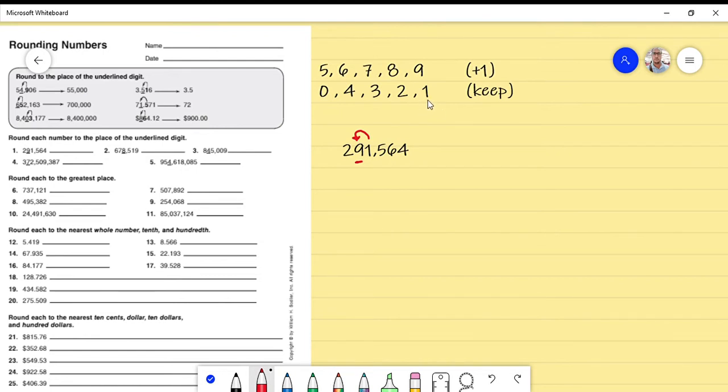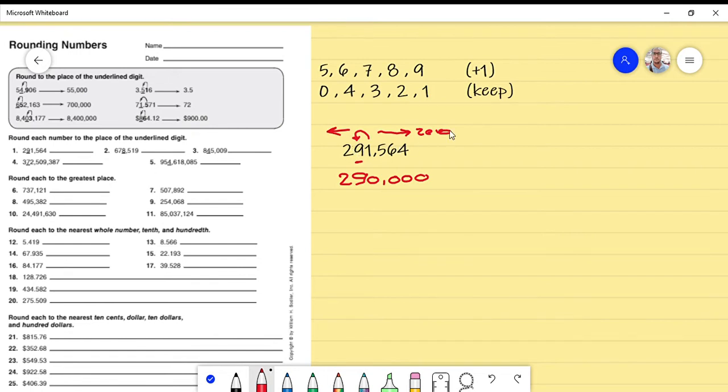Sure, round down, so you will keep 9 as it is. You will replace 1, 5, 6 and 4 by 0, but keep 2 as it is. So you change the right-hand digits to zeros and keep the other numbers.